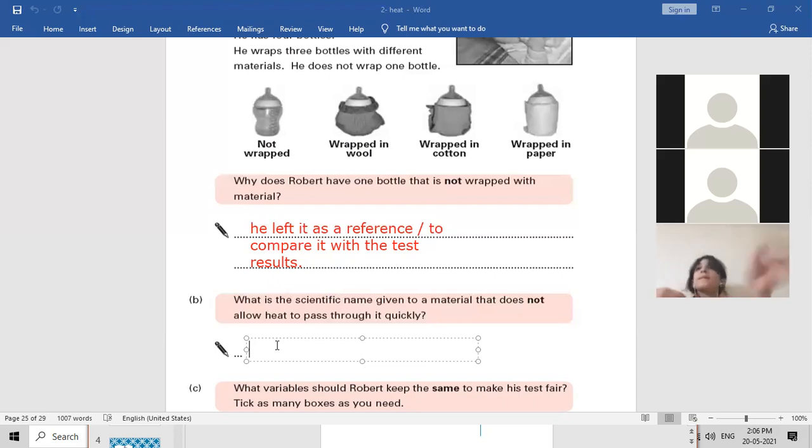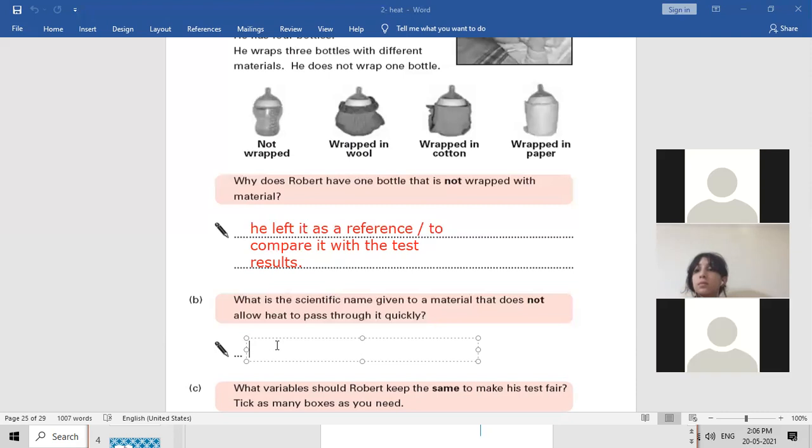Page what? You don't understand it? 67, the homework. You need to find a way from the start until you reach the win. It's a maze. Okay. So again, for the last time, Ruqayya, what is the name of the material that does not allow the heat to pass through it?